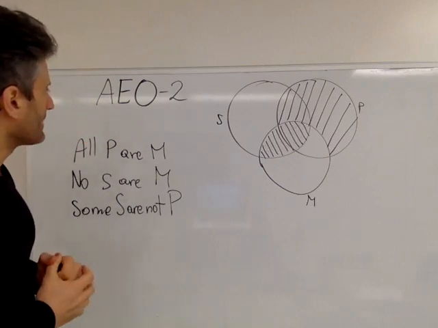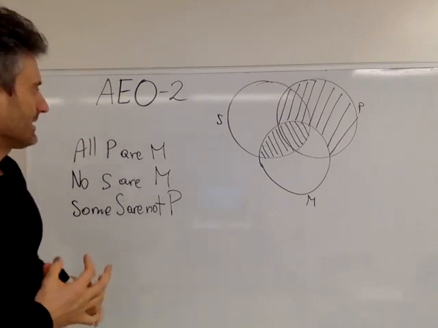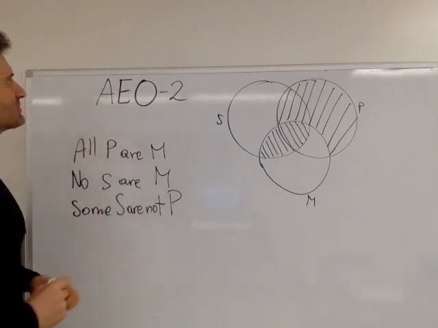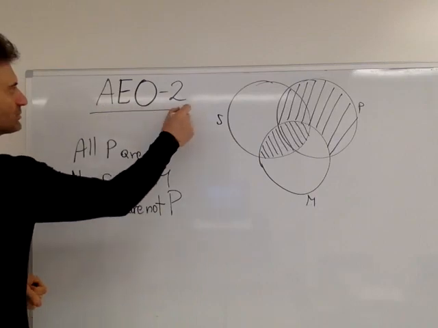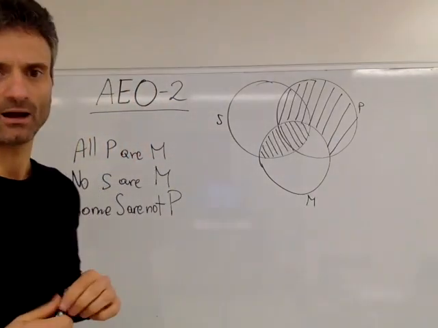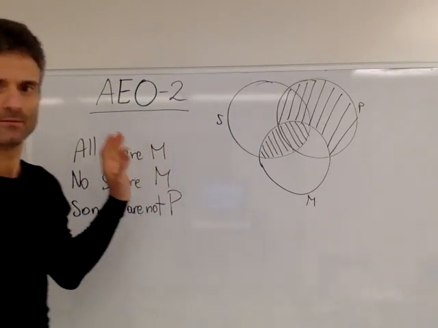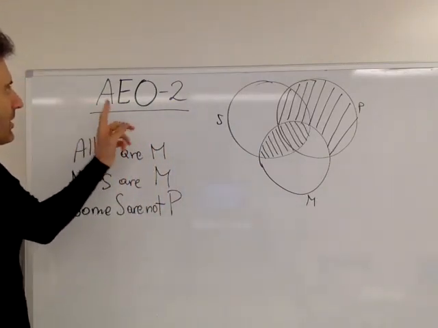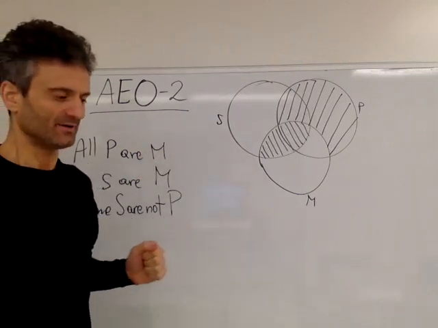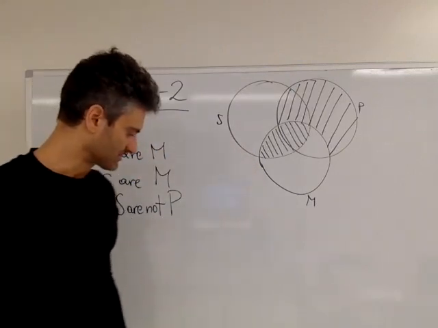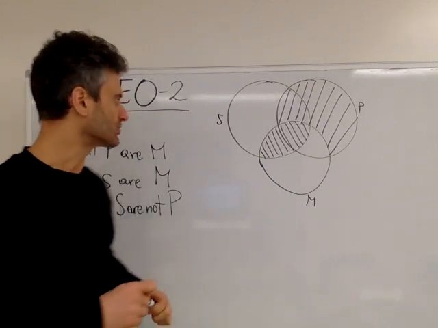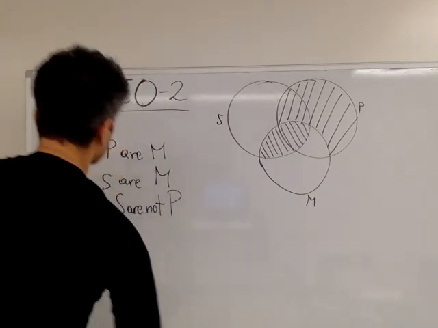Well, I think I want to end here, and remember this EAO2 because in the next lecture I want to show you that EAO2 is invalid, but in fact in logic this type of syllogism is known as conditionally valid.